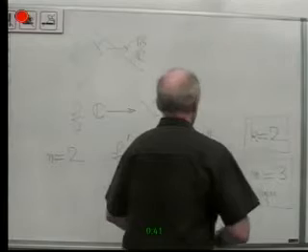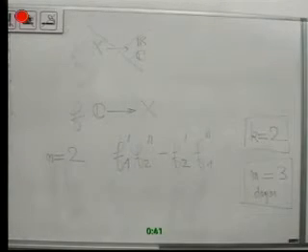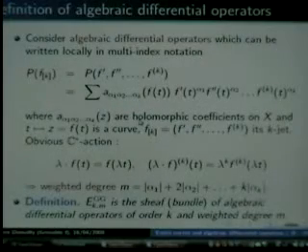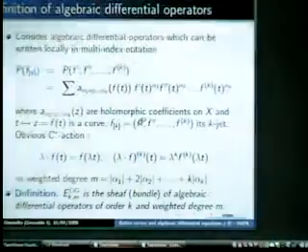And of course, you can have arbitrary complicated operators of this type. The collection of all such operators, point by point, can be organized into a vector bundle. The vector bundle is just given by the collection of coefficients a, alpha 1, alpha 2, alpha k.